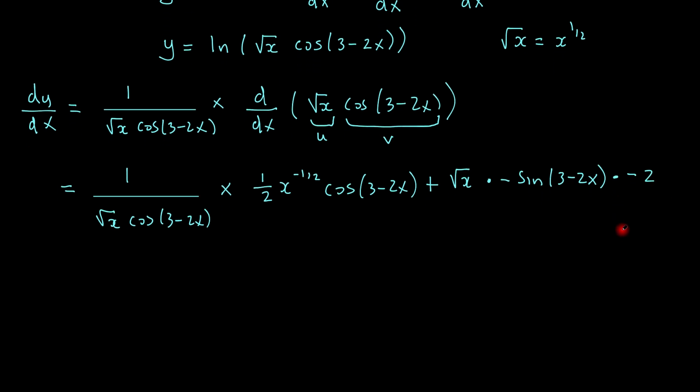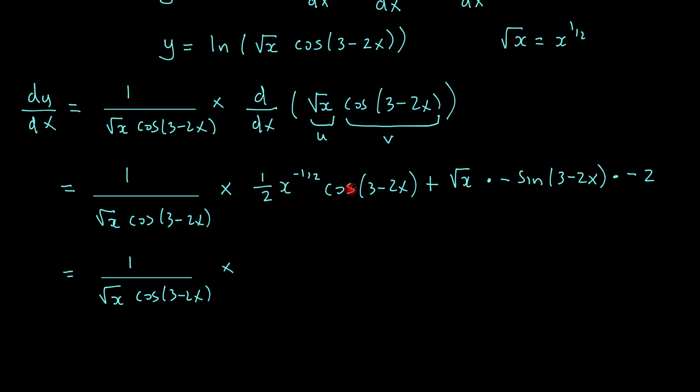I'm just going to move this up a bit. So then I'll have 1 over, keeping this as it is, root x cos(3 minus 2x), multiplied by, of course, this.